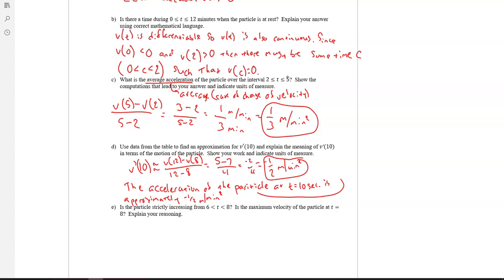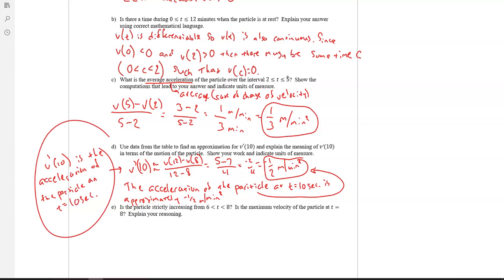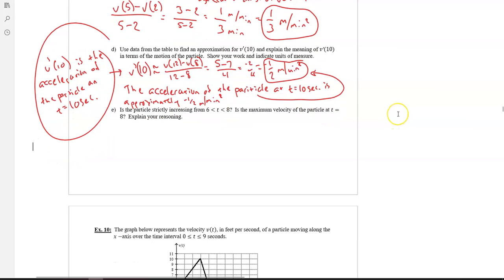But if we want to describe v prime of 10, v prime of 10 is the acceleration of the particle at t equals 10. So I think that's what we're really supposed to do there, is describe what v prime of 10 means in terms of the motion of the particle. But that describes our acceleration too.